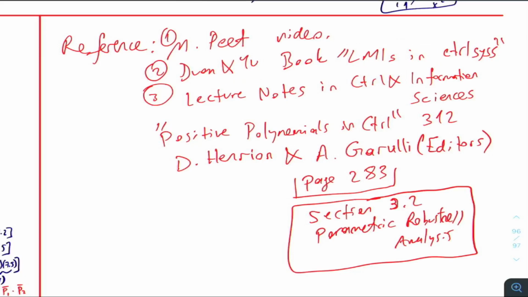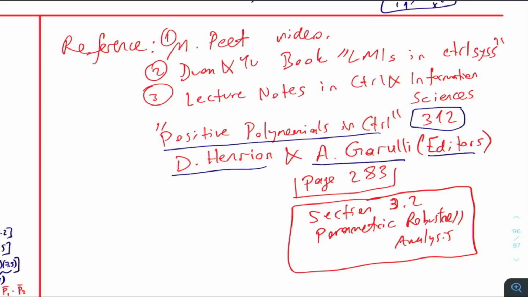And the example is from the book Positive Polynomials in Control, Lecture Notes in Control and Information Sciences, 312, edited by D. Henrion and A. Garulli, from page 283, section 3.2, named Parametric Robustness Analysis. All of those will be in the description.